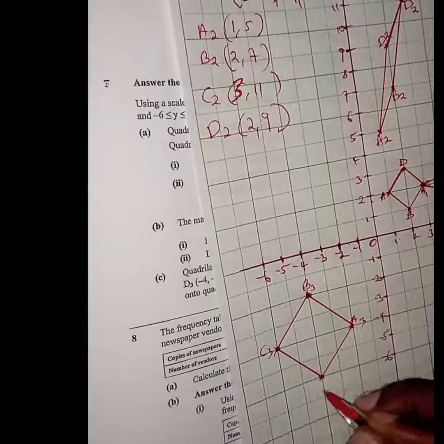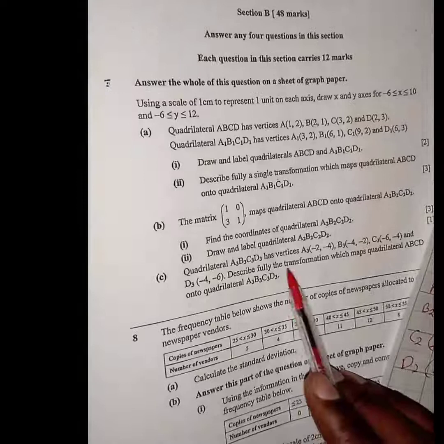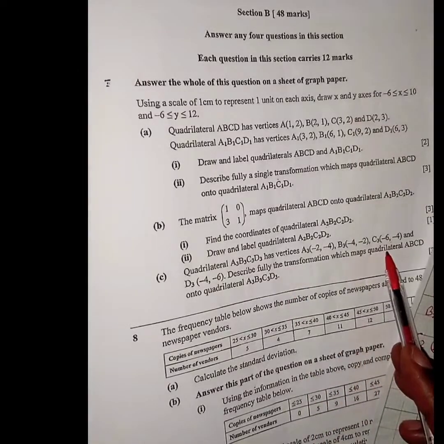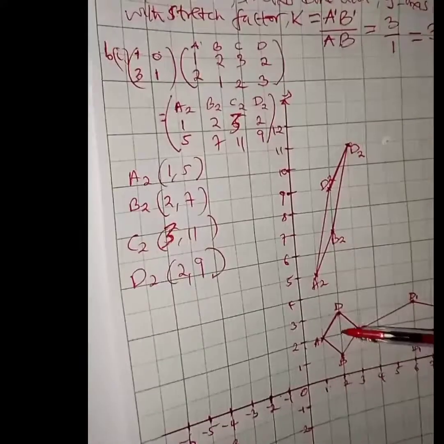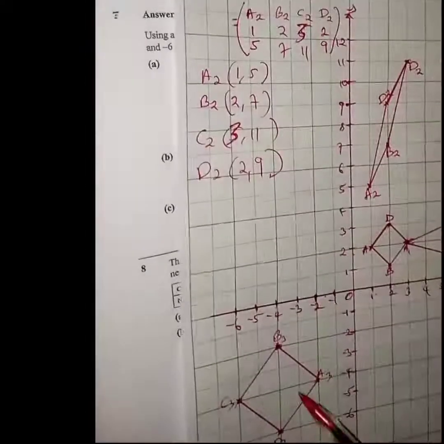Then -4, -6 was our D3. So they're saying describe fully the transformation which maps quadrilateral ABCD, the one we had drawn earlier, this one, onto the one we have just drawn.